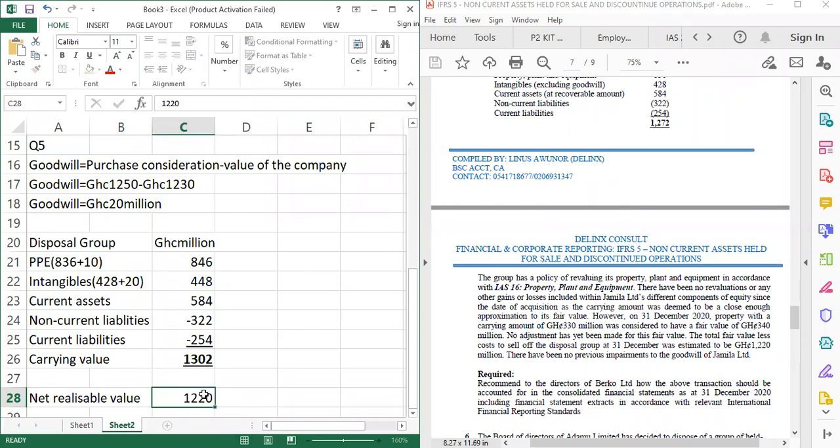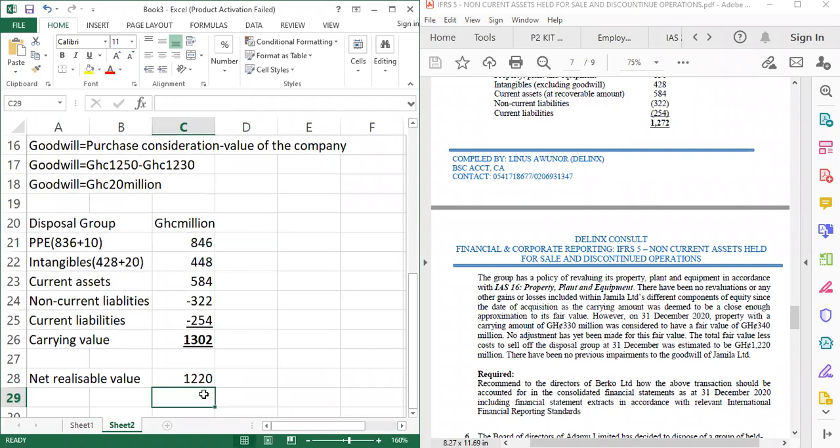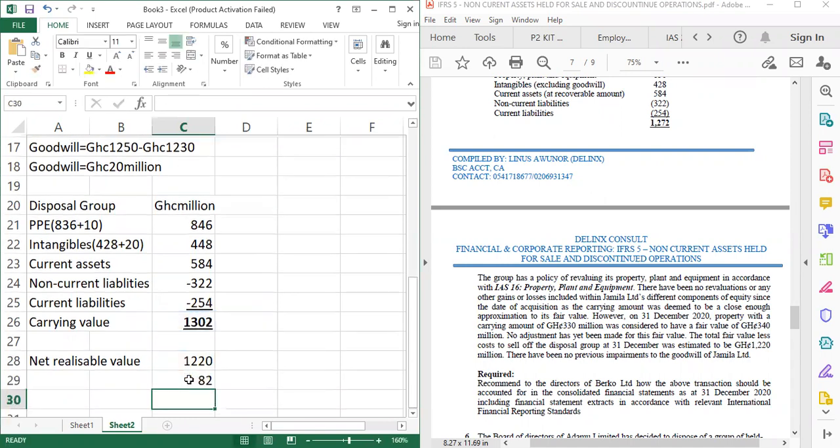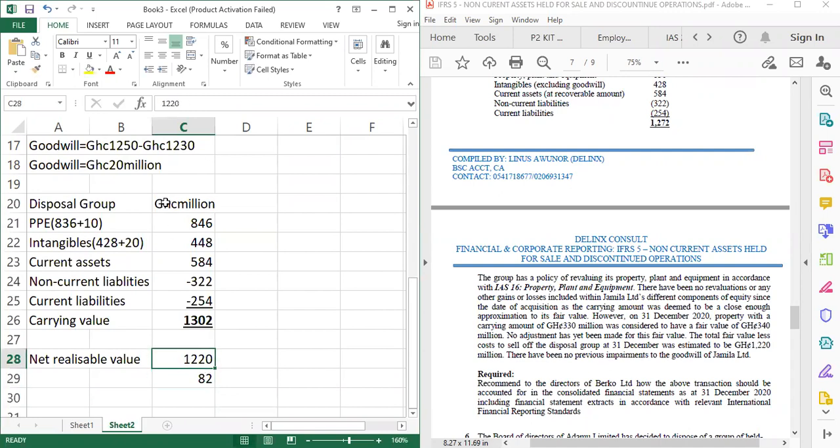What is happening? There is an impairment. So we classify the asset as the lower of the two. If the carrying amount is higher than this, it means that the asset has impaired. The asset has impaired by how much? 82, isn't it? So the impairment loss is 82.